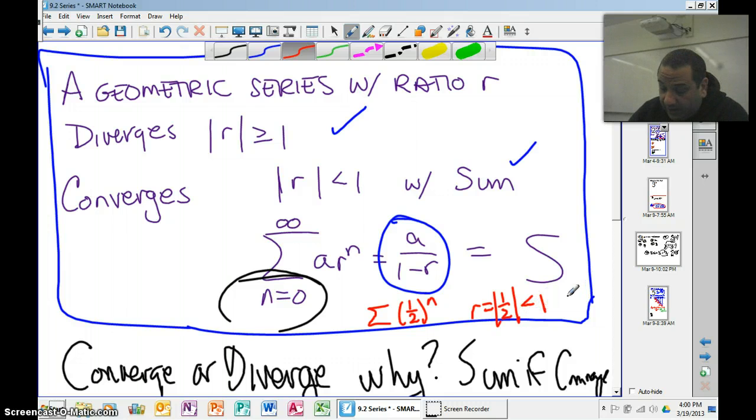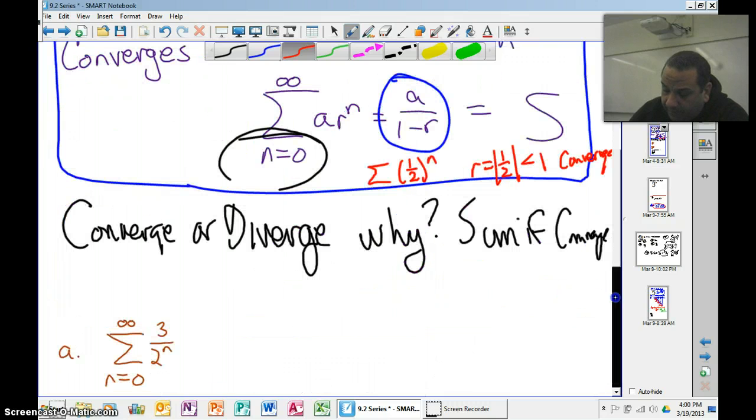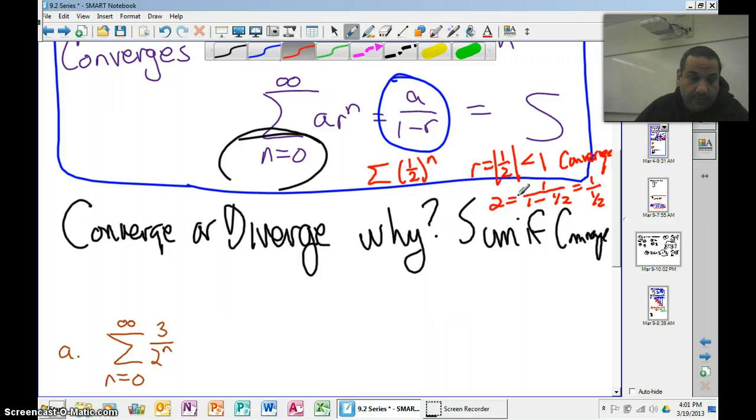Voila! This guy converges. And it converges to some sum. There it is, converges to some sum. Well, what's the A? If you don't see the A, it's 1 over 1 minus 1/2, which turns out to be 1 over 1/2, or 2. Hope I did that right. I'm pretty sure I did. Okay? And that's what we're going to be doing for all these.